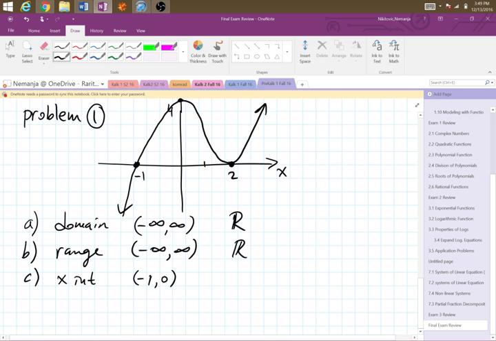So -1, 0, multiplicity 1, and 2, 0, multiplicity 2. How about the y-intercept? 0, 4. Very good. What else?